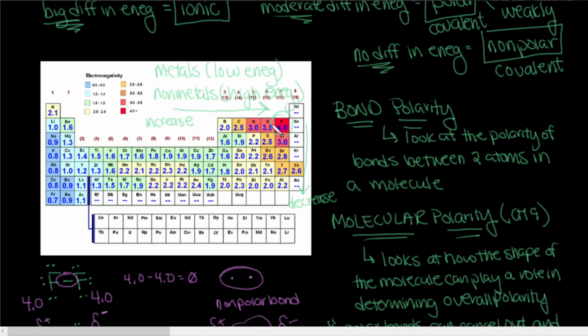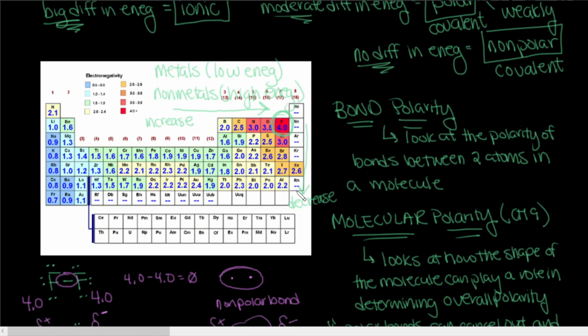So fluorine is your most electronegative atom on the periodic table, and you can see here that nitrogen, oxygen, and the halogens are not far behind. Those are going to result in really polar bonds when they're bonded to things like hydrogen or carbon. You're going to get a big difference in electronegativity. Now notice the noble gases all the way to xenon, they don't have electronegativity values because they don't bond.